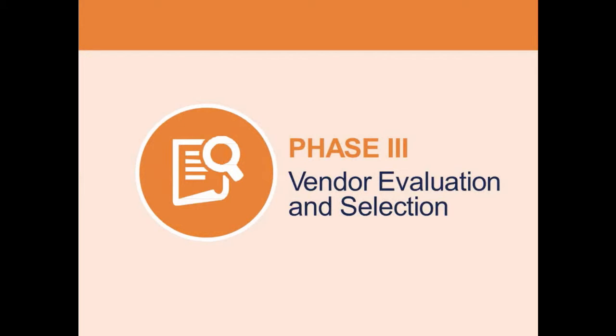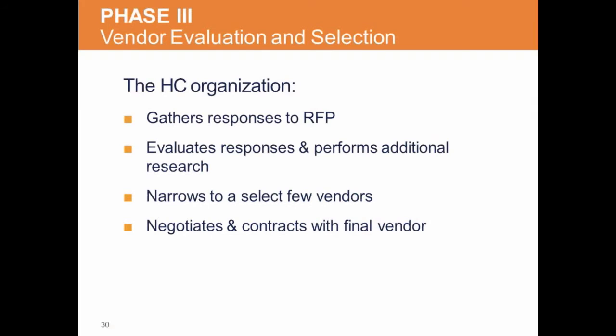At the end of the phase, the team will select the EHR vendor and/or product. In phase 3, the organization gathers proposals from vendors that respond to the RFP, evaluates responses, and performs additional research about each vendor, then narrows to select a few vendors, and negotiates and contracts with the final selected vendor.